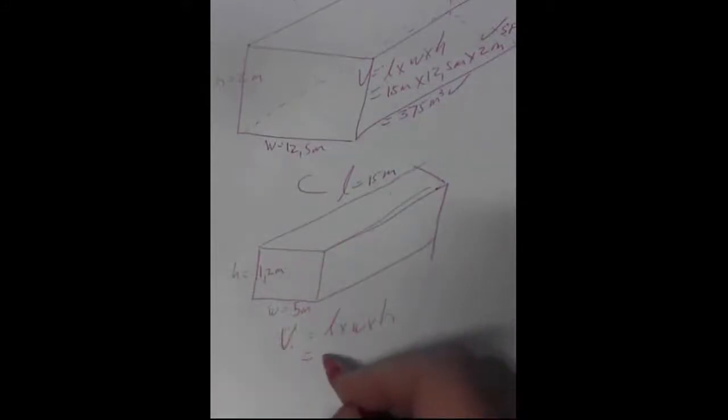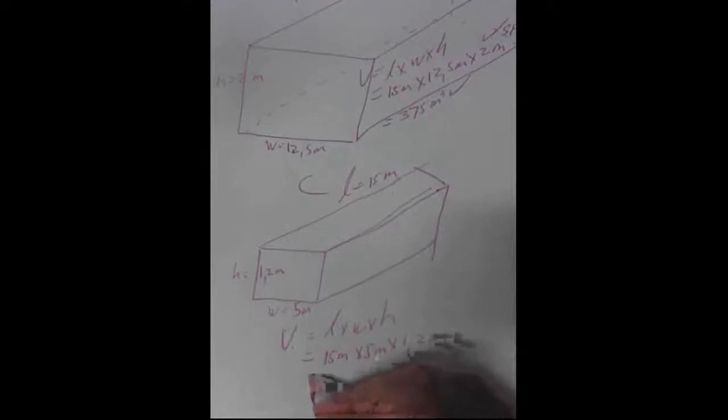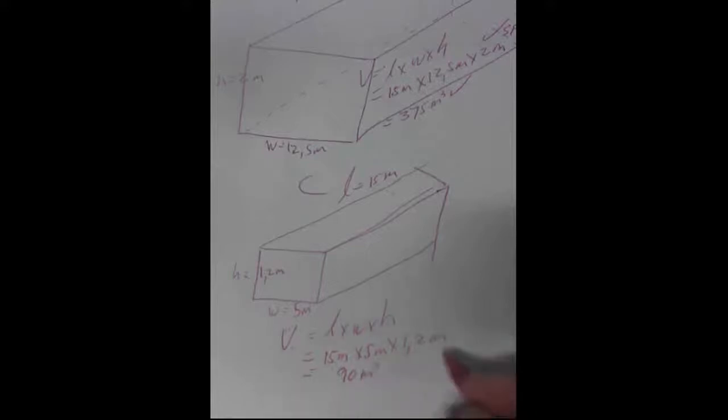Because then they know the length is 15 meters, multiplied by the width, which is 5 meters, multiplied by 1,2 meters. And if you multiply that out, then you get 90 cubic meters.